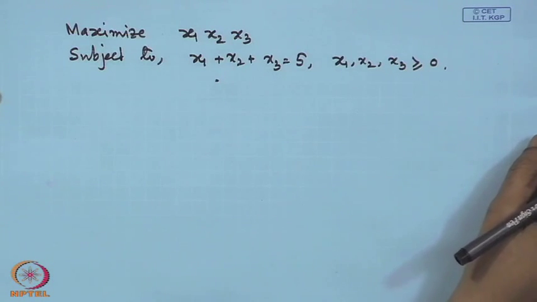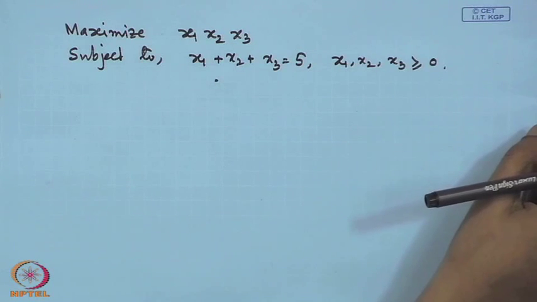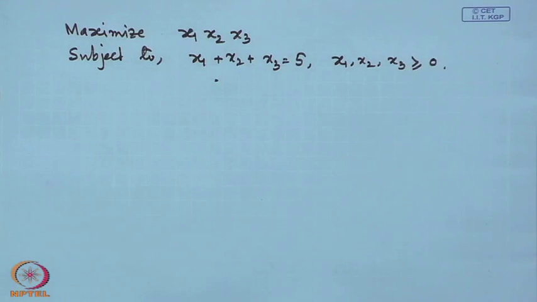Now, we need to solve it. Dynamic programming is a very nice technique to solve this problem by converting it into 3 stages. We will start from the first stage considering only the variable x1. Next we will move to the next stage, that is f2 x2. In this way we will proceed.